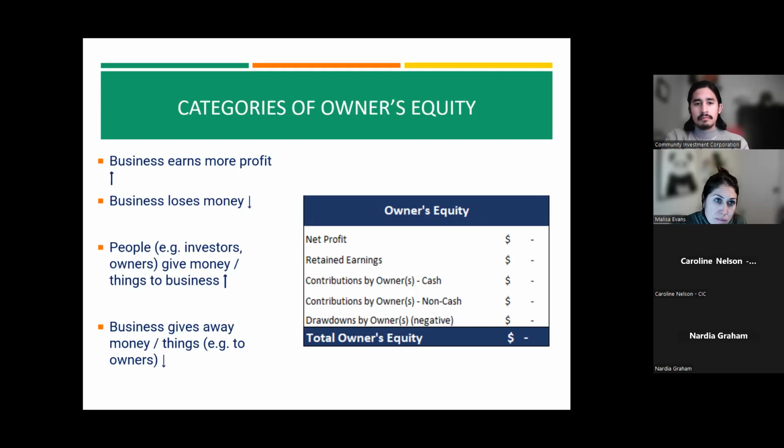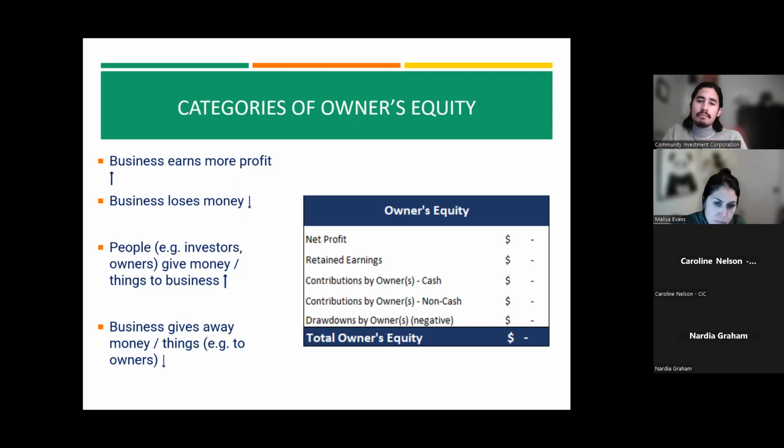You would have your contributions by owner. That would be you, if you took money from your personal savings and put it into the business for whatever you needed it for. That would be a contribution by the owner. And then as an owner, you could also make a non-cash contribution.